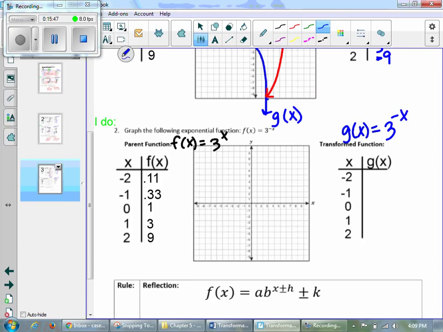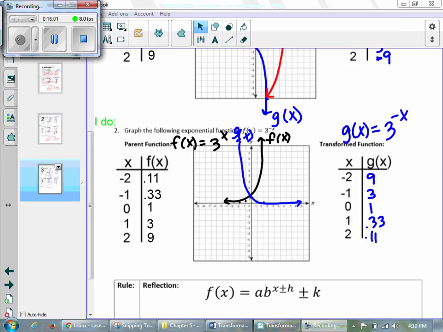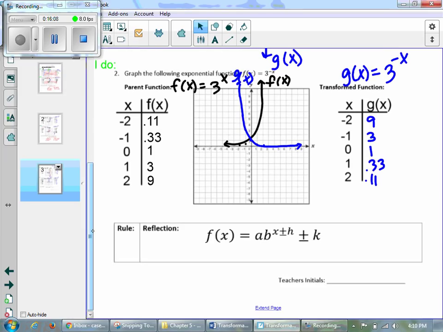I filled in the table for the parent function. I'm going to fill in the table for the transformed function, and I will create both graphs, and we will come back together, and we will investigate. Whoa! What happened from the parent function to the new one? Take a look. I'm going to investigate.